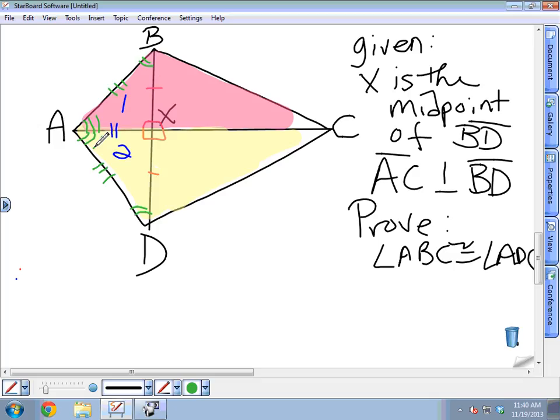What was the reason we used? You have two congruent triangles. All their corresponding parts are congruent. What's the theorem that says that? Who can help them? CPCTC. Corresponding parts of congruent triangles are congruent.